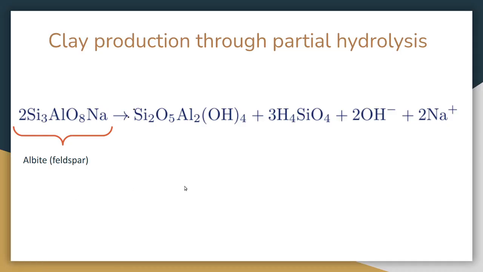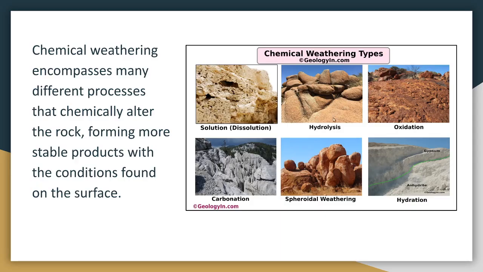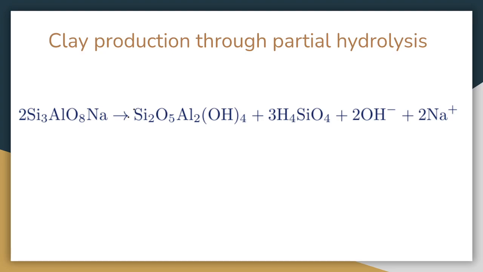It is altered by a process called hydrolysis, which is listed here: solution, hydrolysis, oxidation, carbonation, spheroidal weathering, and hydration. Hydrolysis is basically the properties of water tearing apart the structure of minerals or other things in general, but in this case we'll focus on minerals.